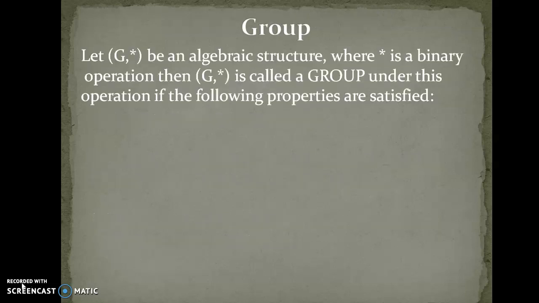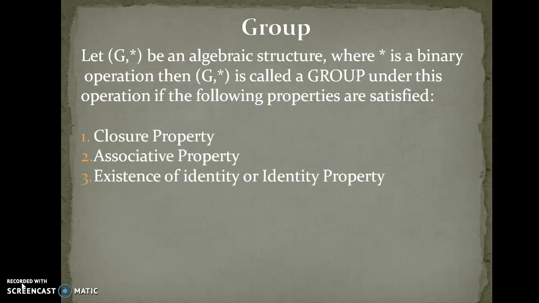Then we define group. So again a set G along with the binary operation asterisk, which is an algebraic structure, is a group under the operation asterisk if it satisfies the following properties. First one is closure, second is associative, third is existence of identity, and fourth is existence of inverse.